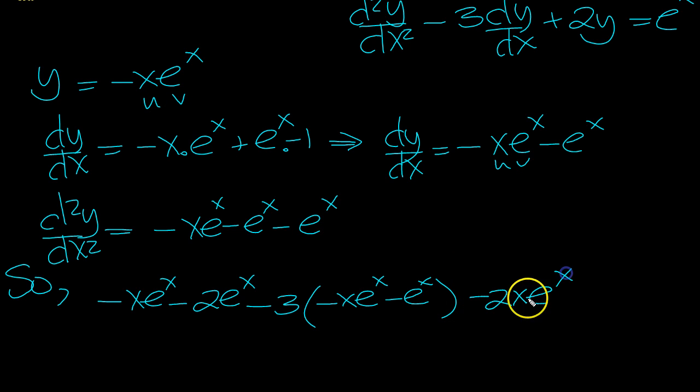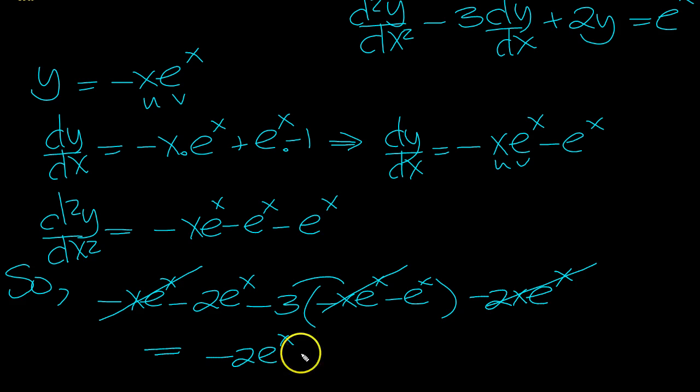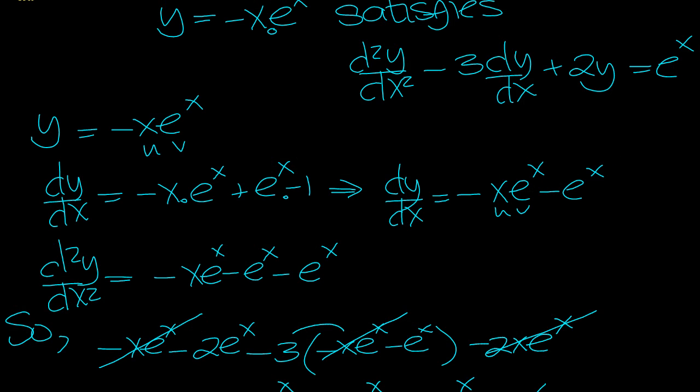What does it equal? We've got a minus x e to the x, a minus 2x e to the x, that's minus 3x e to the x, but this, when you expand it, will give plus 3x e to the x, so they'll all cancel. And then we'll have minus 2 e to the x plus 3 e to the x, which is equal to e to the x, which is what we wanted to show at the top. So that's fine.